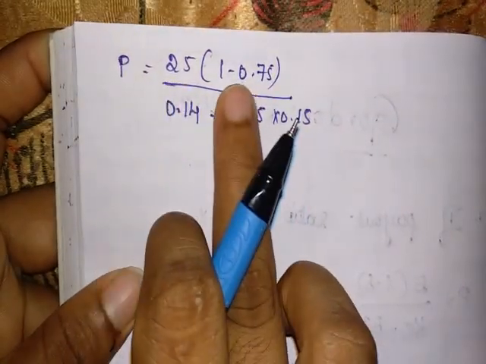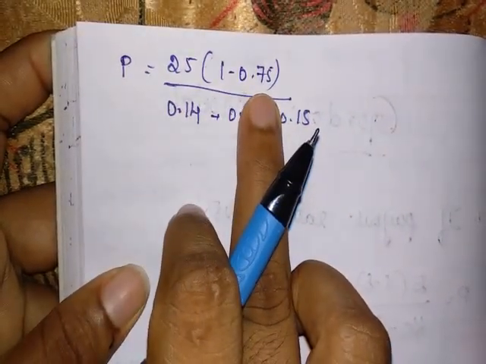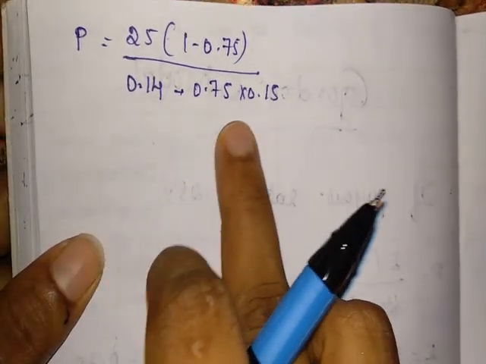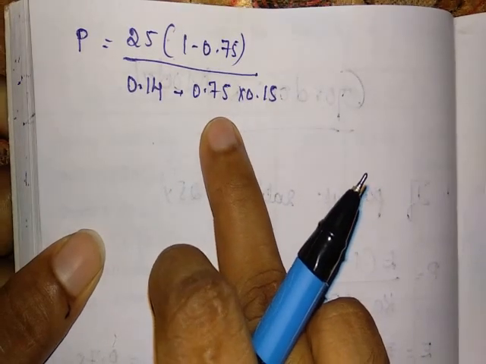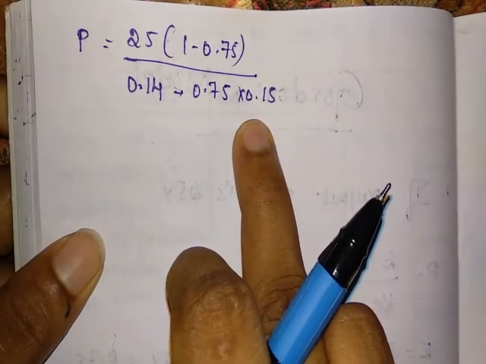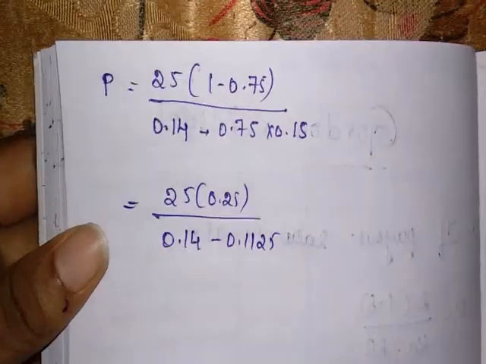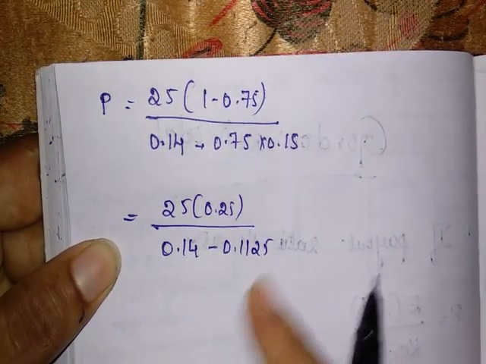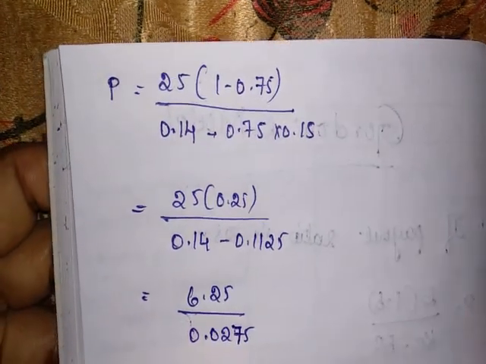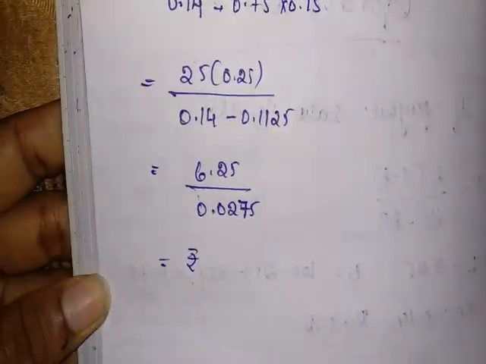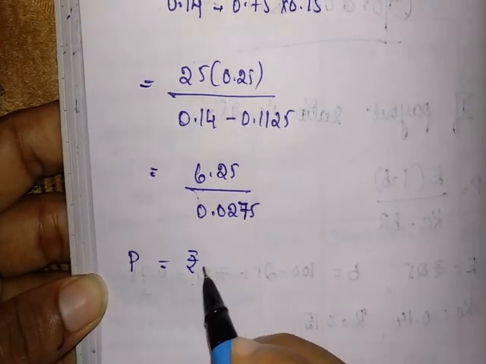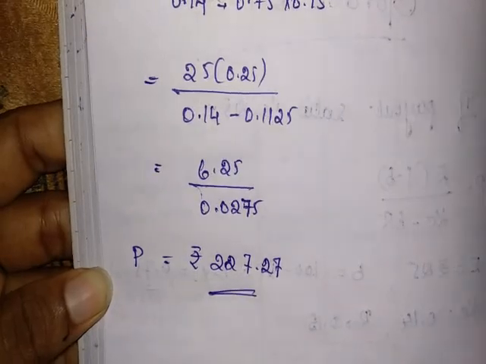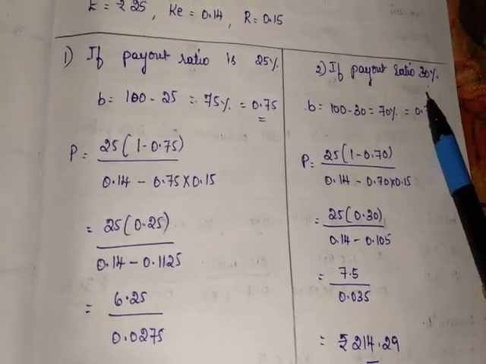E is 25 into 1 minus B, 0.75, divided by KE 0.14 minus B 0.75 into R 0.15. That is 25 into 0.25 divided by 0.14 minus 0.1125, which is 6.25 divided by 0.0275. So market price P is equal to 227.27 rupees.